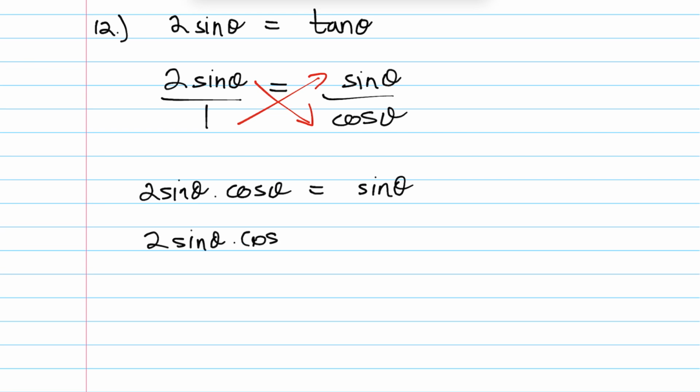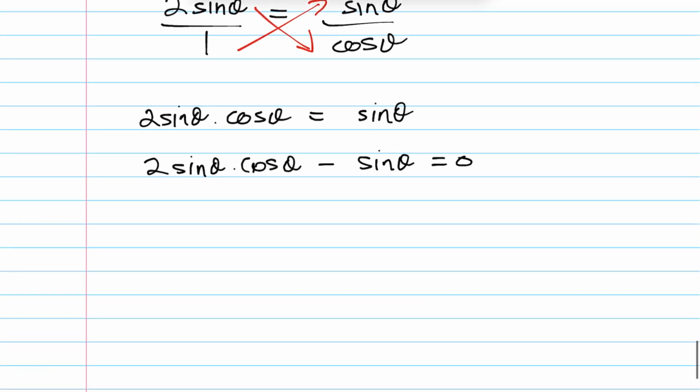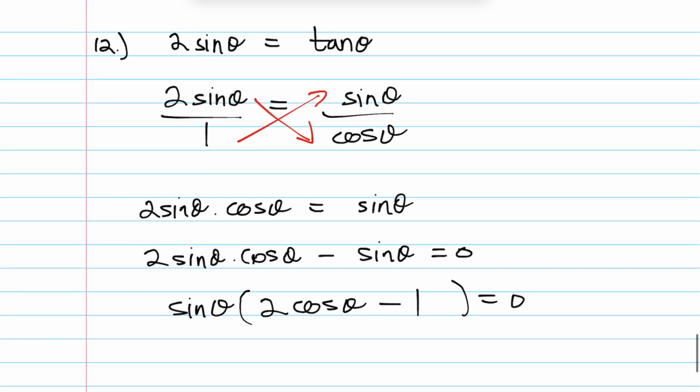So that's going to be minus sine theta. Then we go ahead and factor out sine theta as a common factor. This leaves us with 2 cos theta minus 1. Why did I do all of this? Well, first of all, you can't solve a trig equation that has two different kinds of functions.